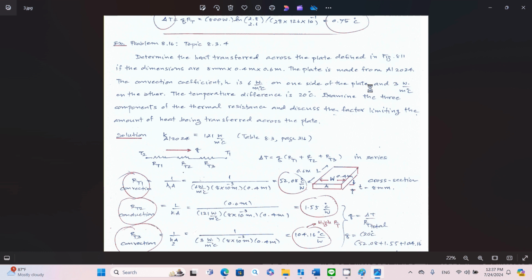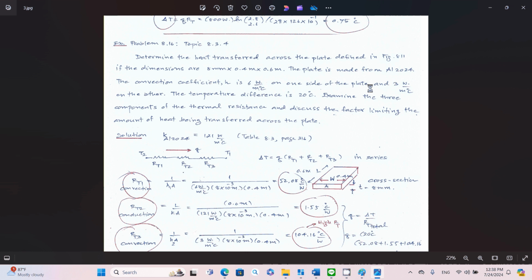Given the convection coefficient h is equal to 6 watt per meter squared degree Celsius on one side of the plate and 3 watt per meter squared degree Celsius on the other. The temperature difference is 20 degrees Celsius. Examine the three components of the thermal resistance and discuss the factor limiting the amount of heat being transferred across the plate.